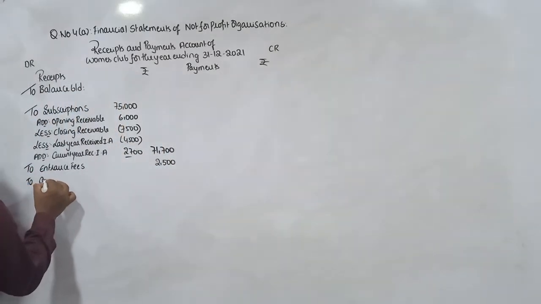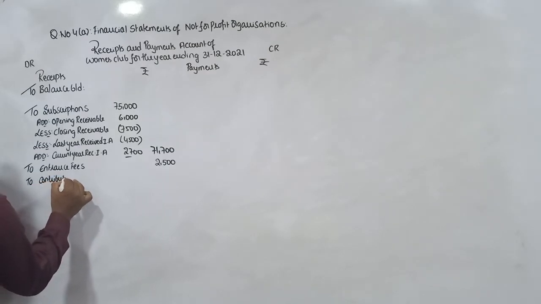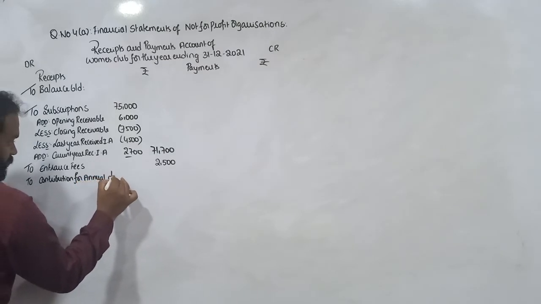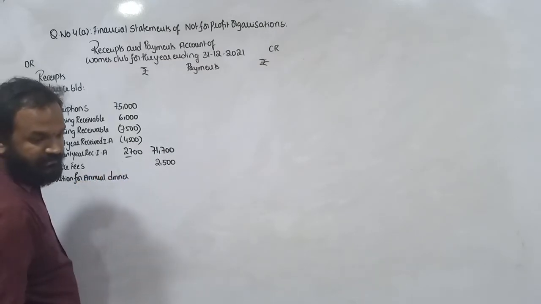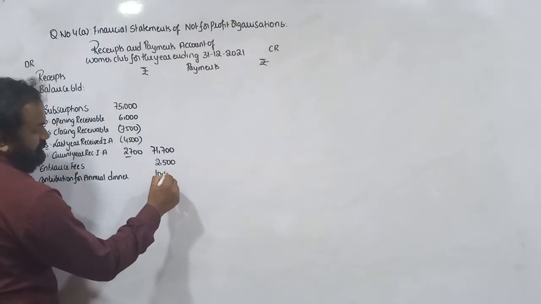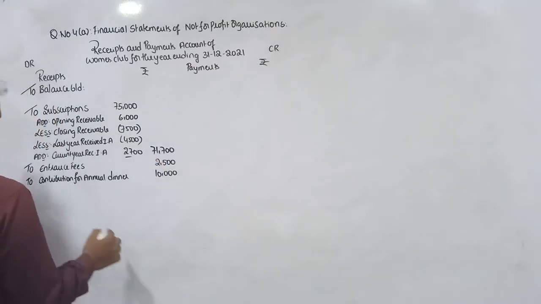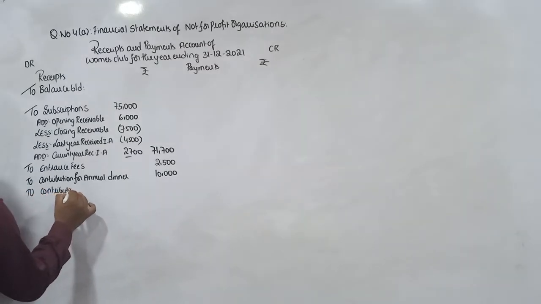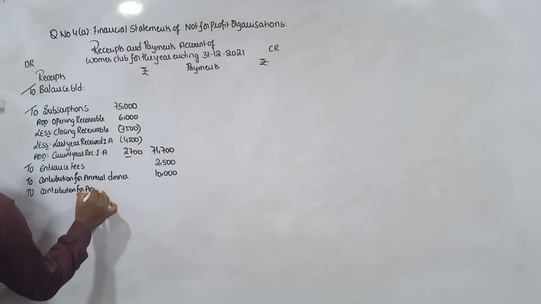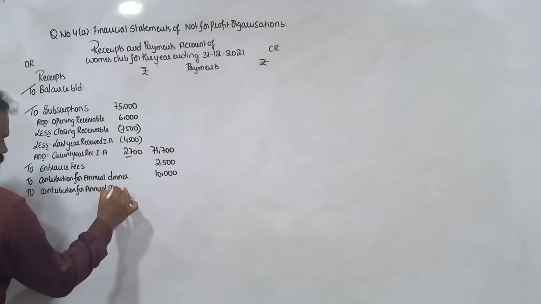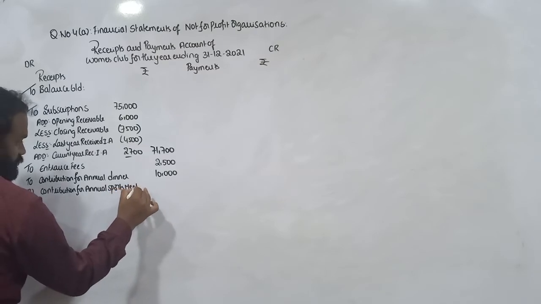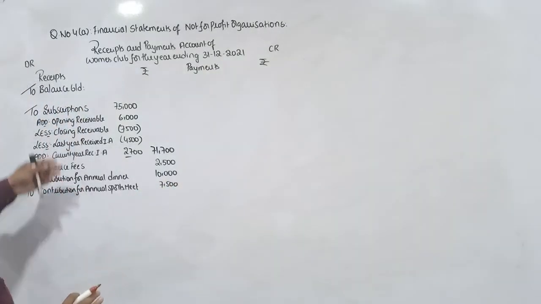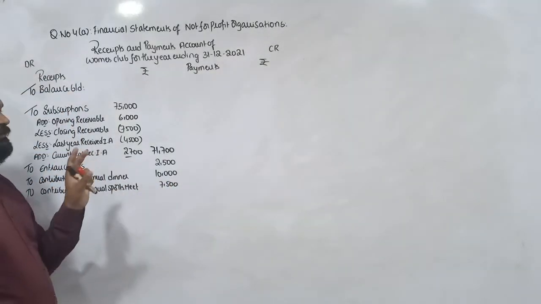To contribution for annual dinner 10,000. Next, to contribution for annual sports meet 7,500. So these are the 4 receipts.